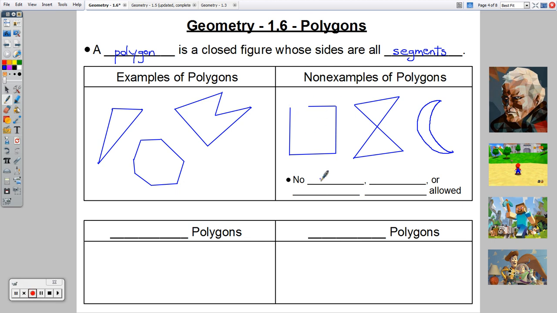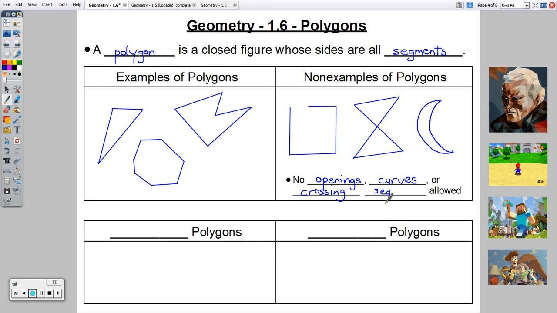For this one, you had an opening in the polygon, so no openings. For this one, you had curved parts. There's no curves allowed. And for this one, for lack of a better way to say this, no crossing segments. So these segments cross each other. That's no good either.